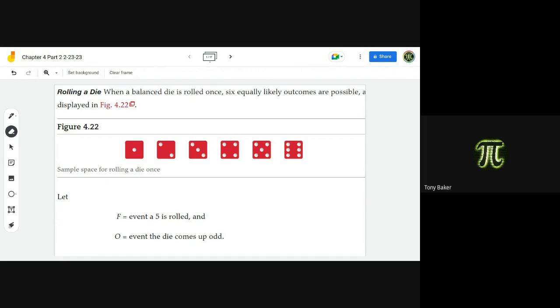What are the odds that I'm going to roll a 5? 1 out of 6. Very good. So the probability of a 5 is 1 out of 6. What's the probability that an odd number is going to come up? 1 half.